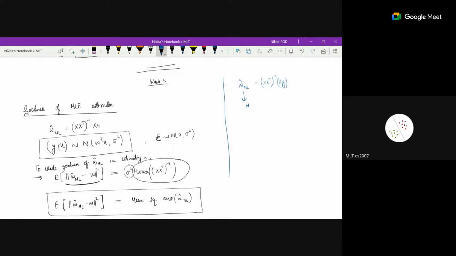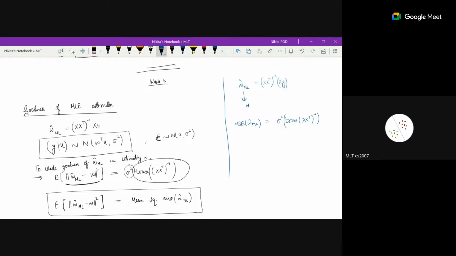When we talk about the goodness of the estimator, we find the mean square error of this estimator, and you want this to be as small as possible. The mean square error of W hat ML turns out to be sigma square times the trace of XX transpose inverse. The proof is something that we have not seen.